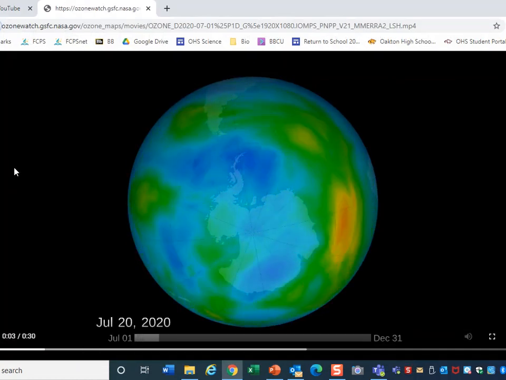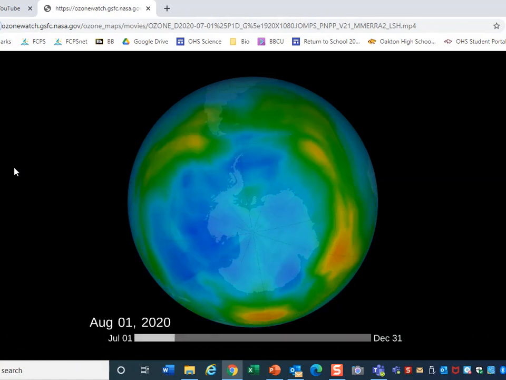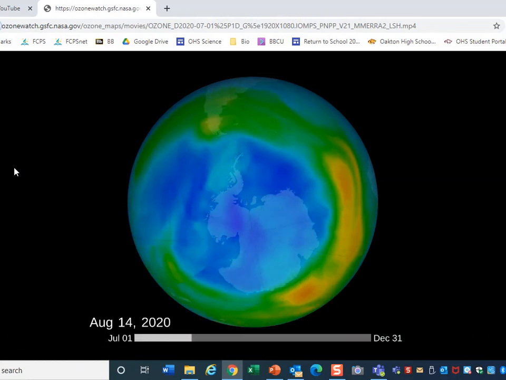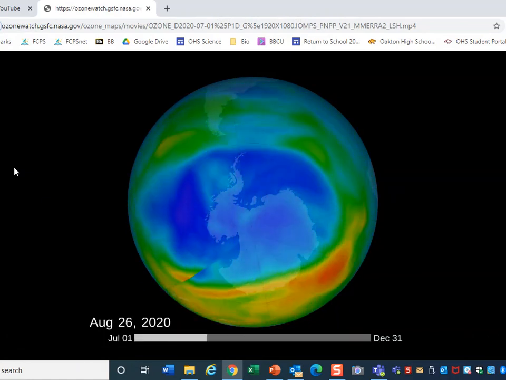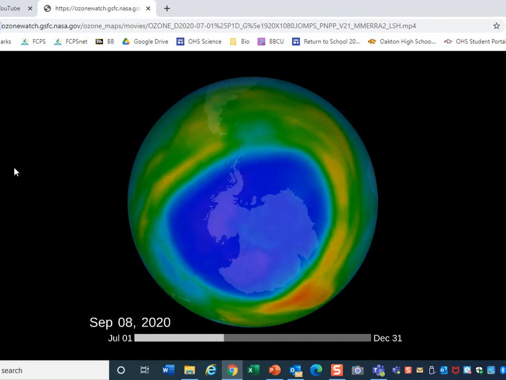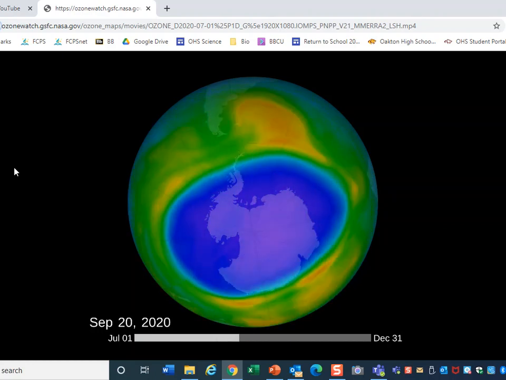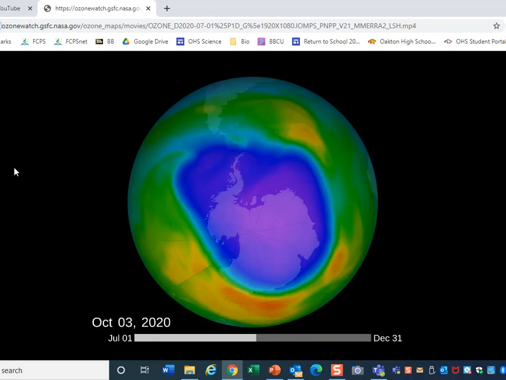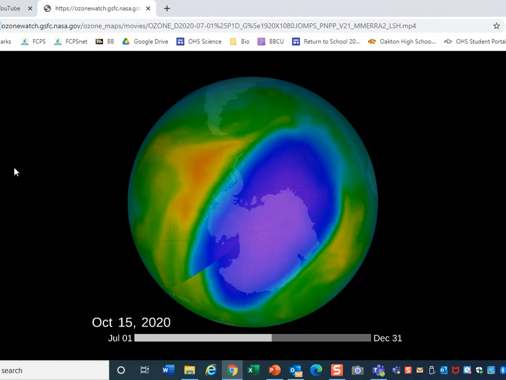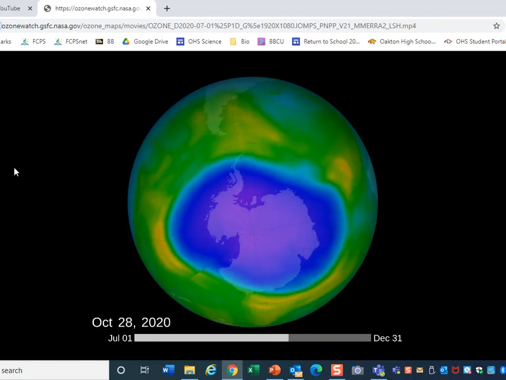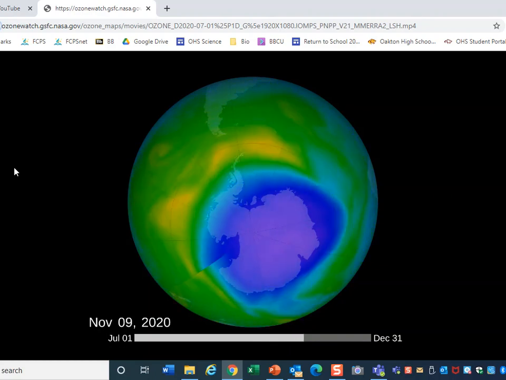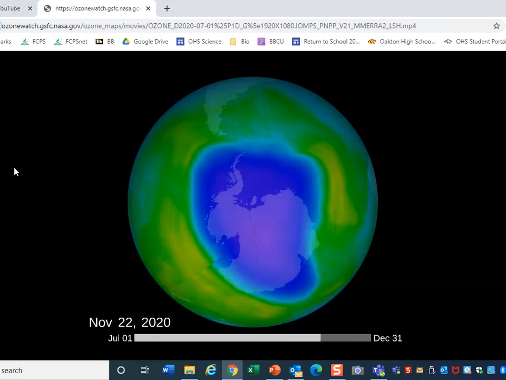So what you're looking at is a time lapse from NASA of the thickness of the ozone layer. The green is a thick layer. The light blue is kind of an intermediate, so is the yellow, and the darker blue and the purpler you get, the thinner the layer.